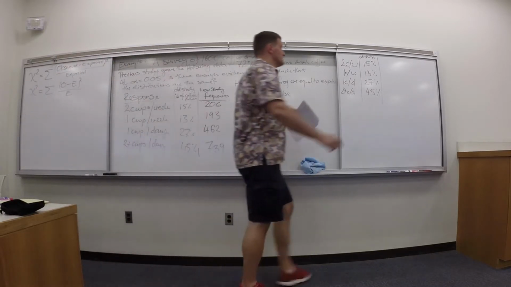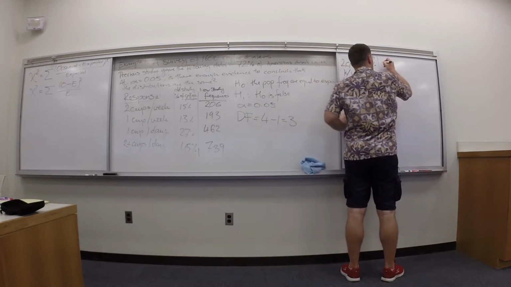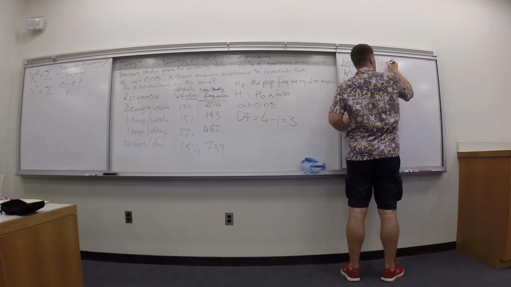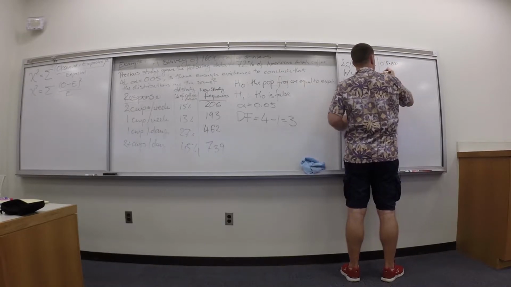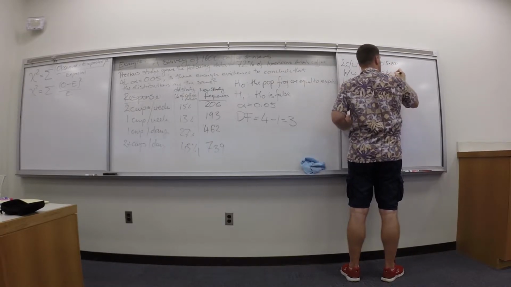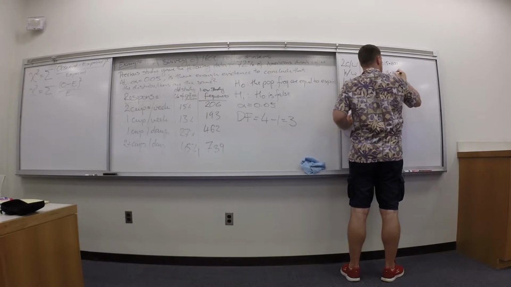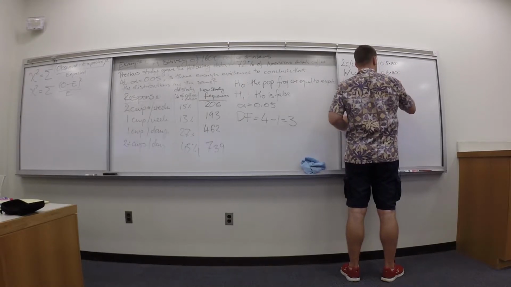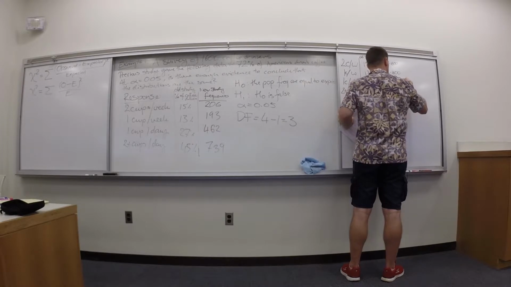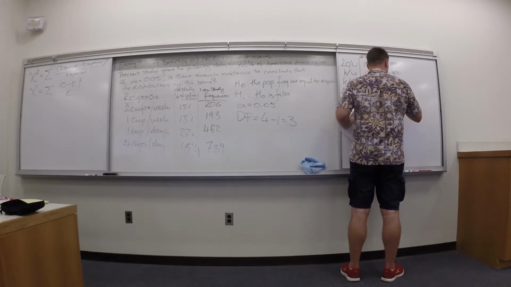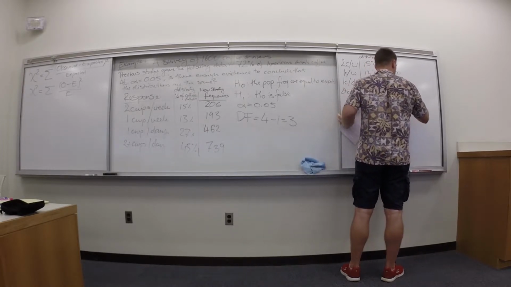Okay, well that means that I have to do 0.15 times 1600, and this is 0.13 times 1600, and this is 0.27, maybe I should put an X here, times 1600, and this is 0.45 times 1600.